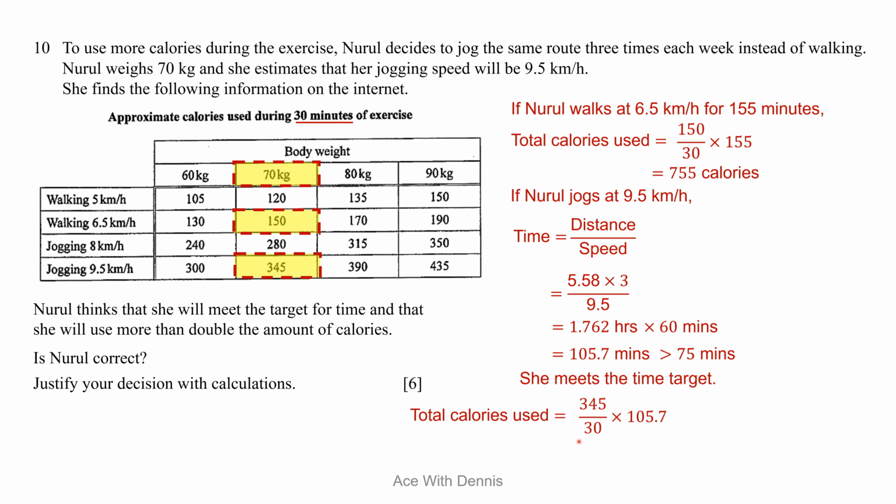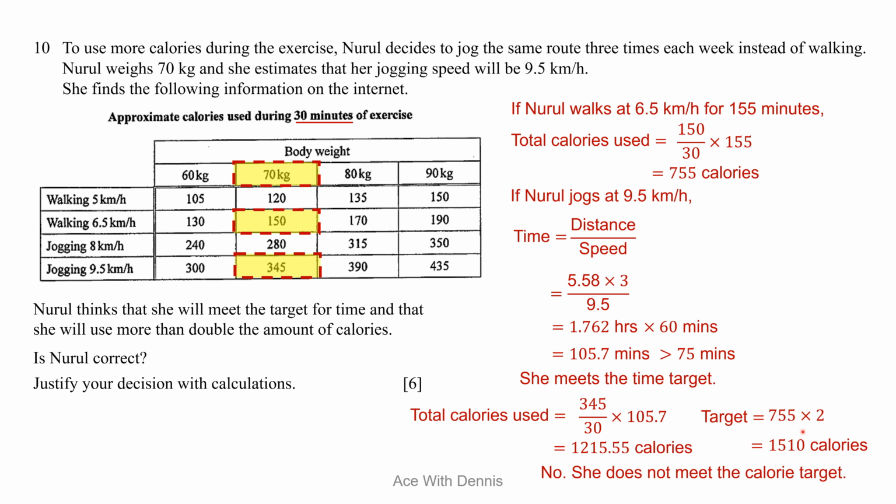But for this time, 105.7 minutes, we do 345 divided by 30 times 105.7, which is 1215.55 calories, while the target is 2 times 755, and we get 1510 calories. Then we compare these two values, we find that the total calorie use is less than the target. Hence, the answer to the second question is no, she does not meet the calorie target.